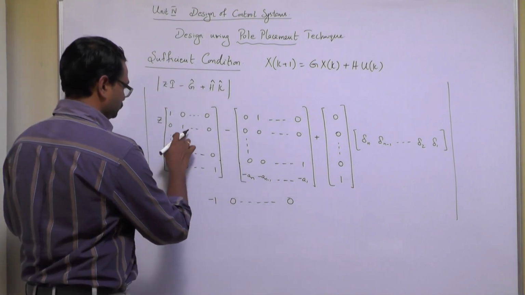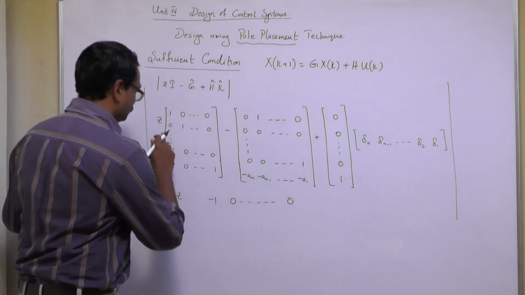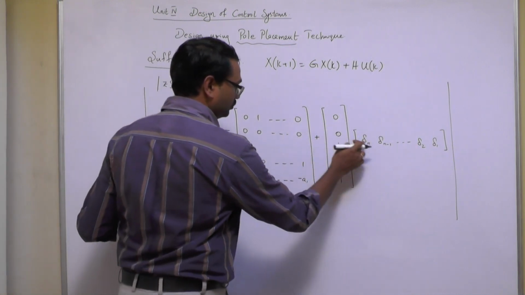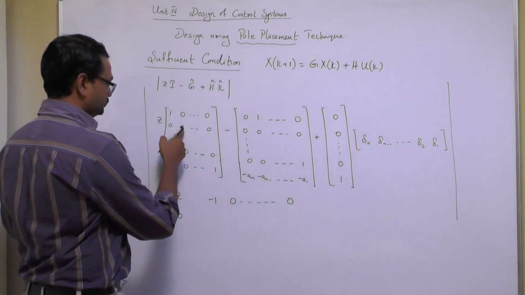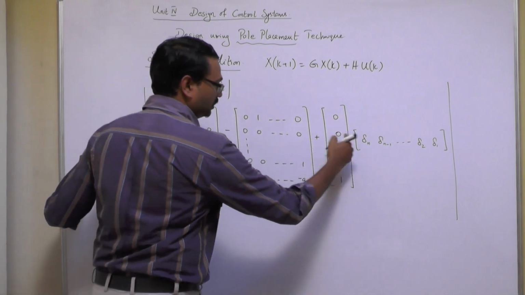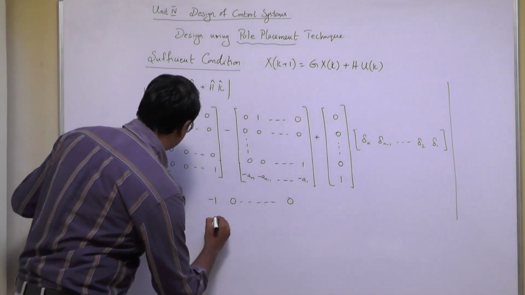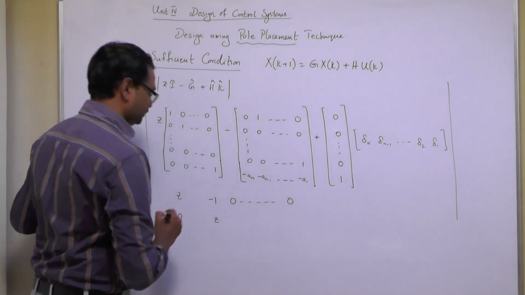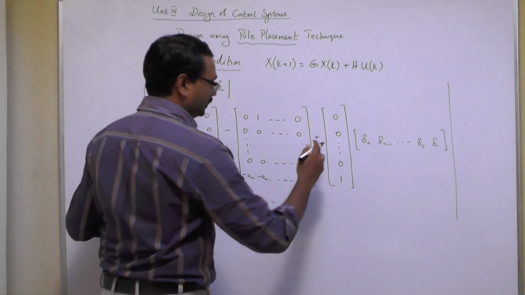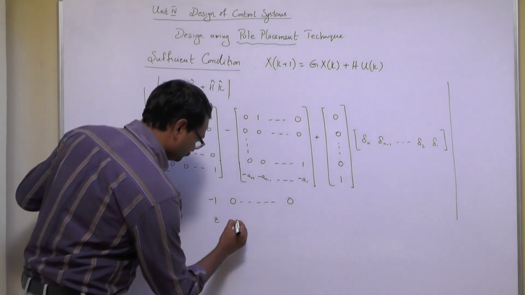Then 0, Z. This is 0 because 0 minus 0 plus 0, and here Z into 1, 0 and 0, so this is Z here, and the remaining are zeros.